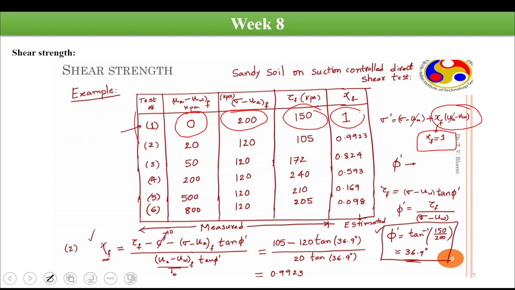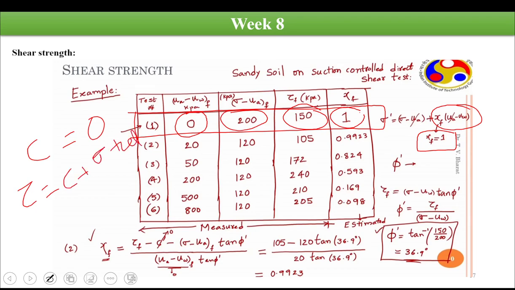The first observation can be used to determine the value of C and phi. Here, as the soil is sandy, the value of C is 0. Then if we use the concept of Mohr-Coulomb, tau is equal to C plus sigma dash tan phi dash, where sigma dash will be sigma minus uw.